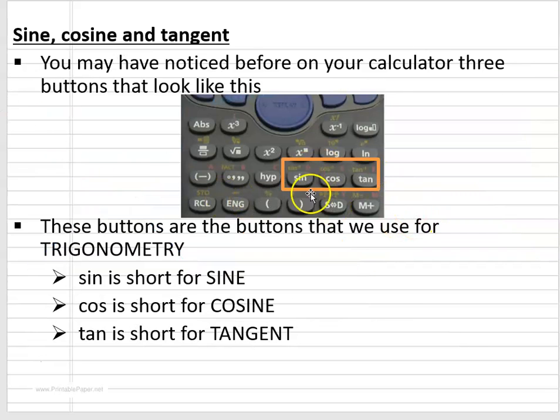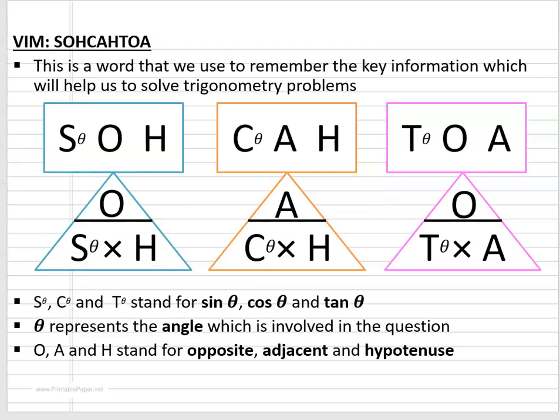So remember the buttons that we're using based on last lesson, and also this Vim that I asked you to copy down last lesson. Remember that this theta symbol represents the angle, but we are going to be going through examples today again.